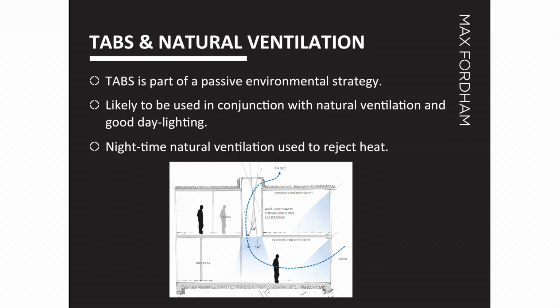So the air goes in, and it is cooled by the concrete slab, gets warm, and then rises and goes out. More particularly, natural ventilation is used during nighttime because it's the time when the air is cooler and where the heat can be rejected.